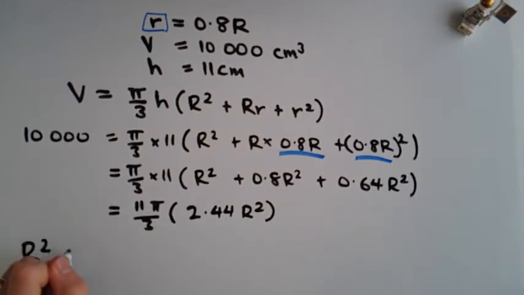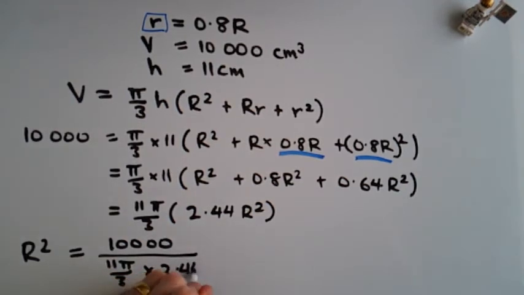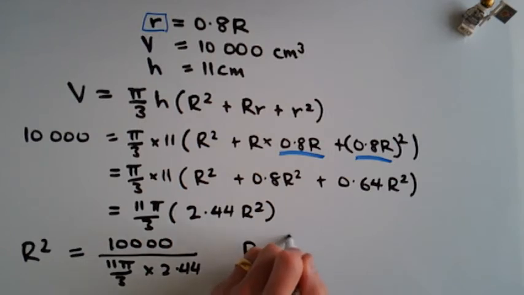So R squared is equal to 10,000 divided by 11 pi over 3 times 2.44. So R is equal to the square root of all of that.